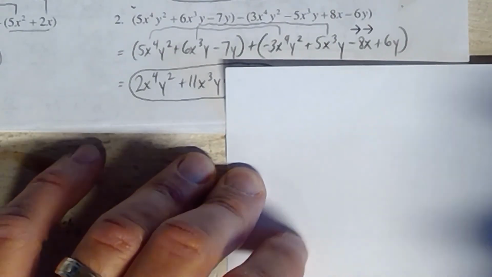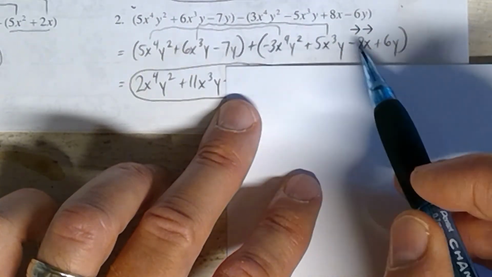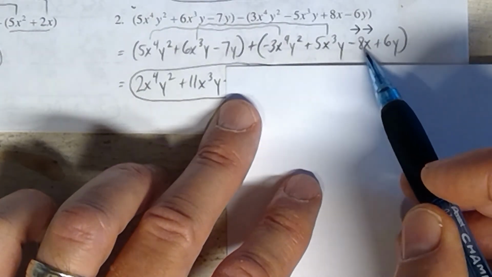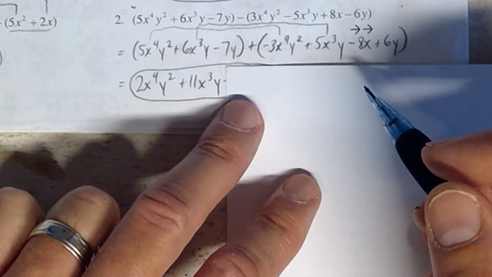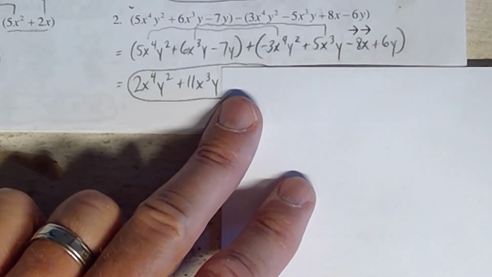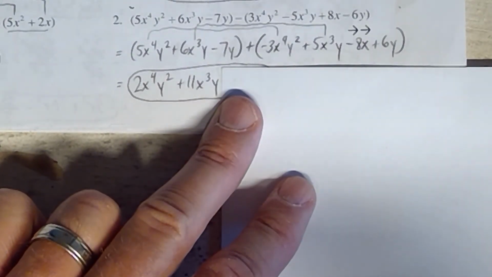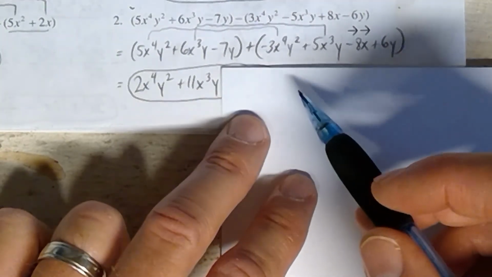Then you might be wondering, hey, wait a minute, y to the first and x to the first, they both have the same degree. Which one should I put first? When they both have the same degree, it really doesn't matter which one you put first, even if you're trying to put it into descending order of degree from highest to lowest, which is what we're doing here.